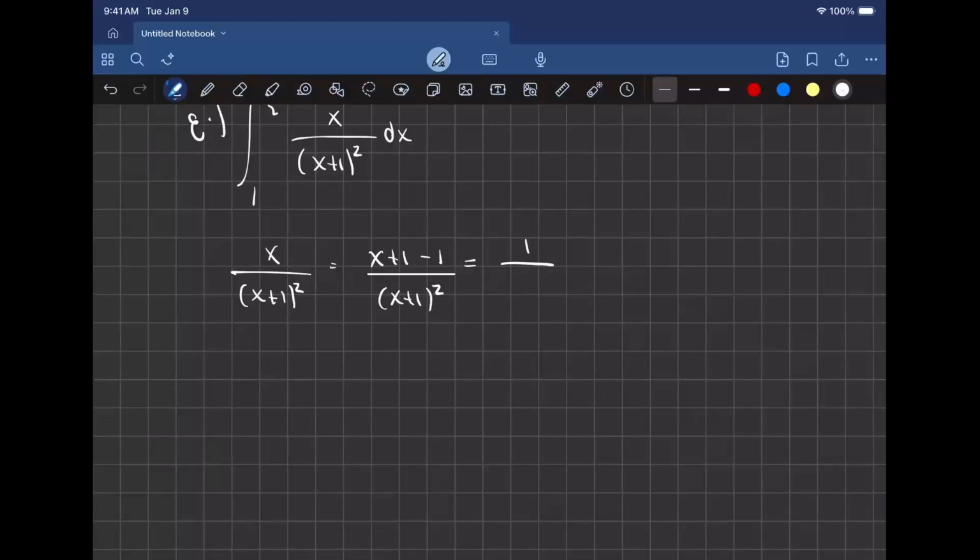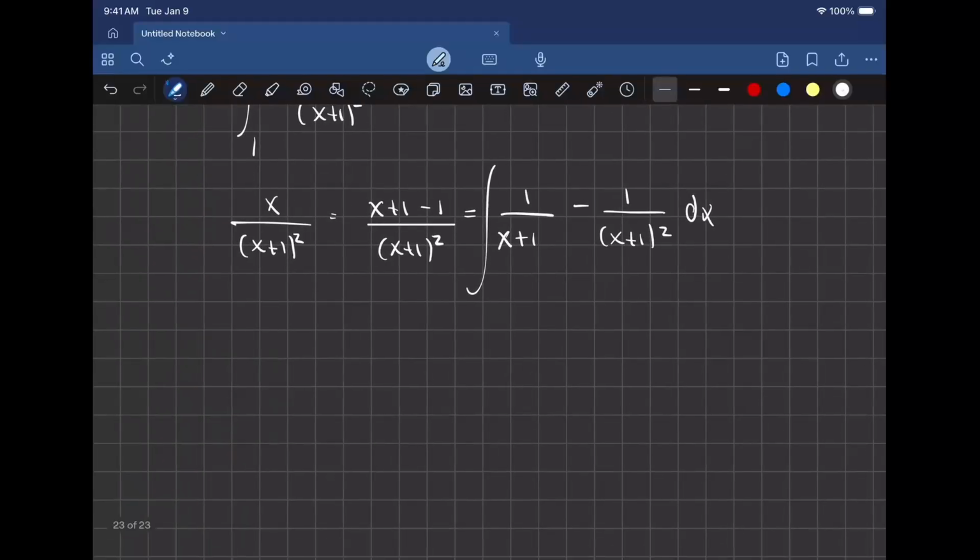So this will be 1 over x plus 1 minus 1 over x plus 1 squared. And we can see if we took our common denominator, we'd get back to this. So all I'm going to do now is integrate these with respect to x.